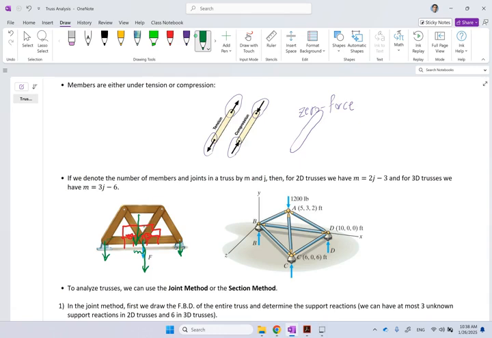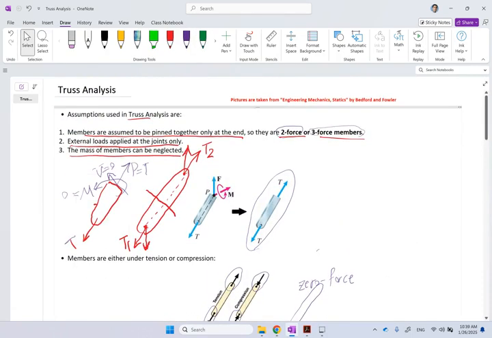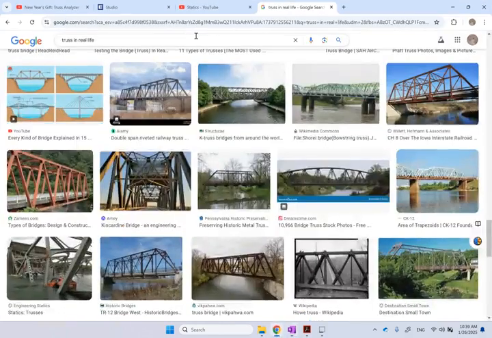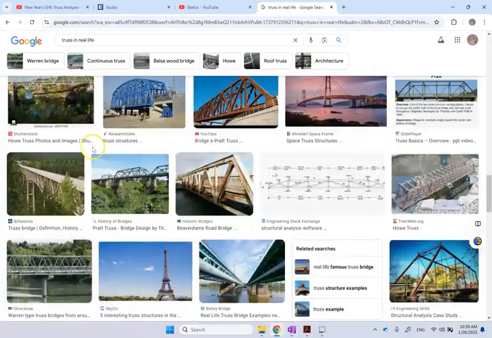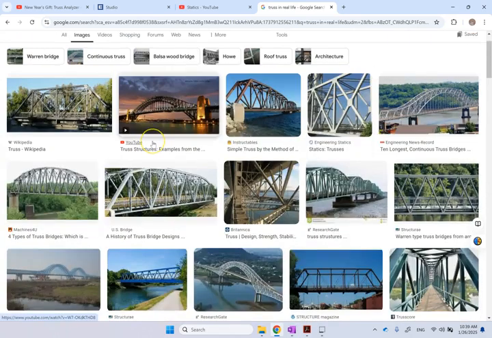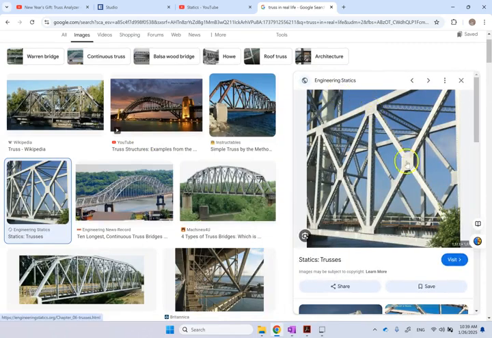Okay, so you can break it down again in a similar manner. So you can handle these two scenarios. Now, what about the case that they are not pinned together? As I said, in real life, if you look at any truss, you can see that these are all basically rivets, right?